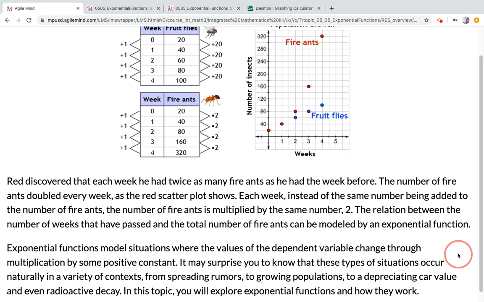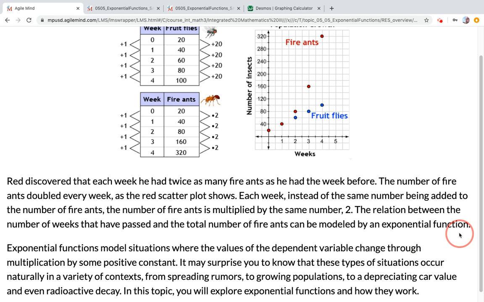Now, please notice, my linear function had a constant difference, right? We're constantly adding 20. But my exponential function has a constant multiplier. I'm constantly multiplying by 2. I'm always multiplying by the same thing.